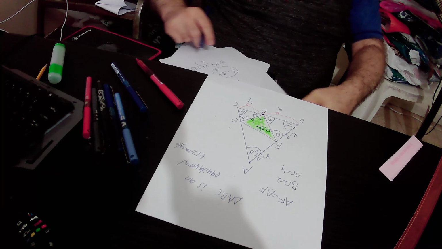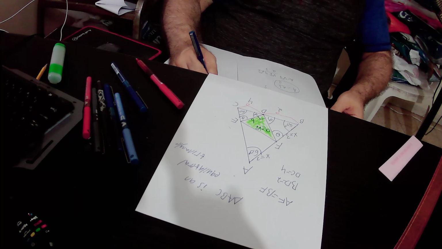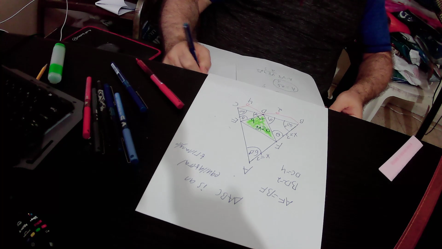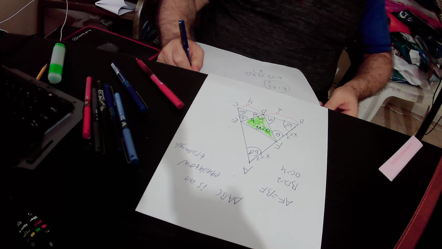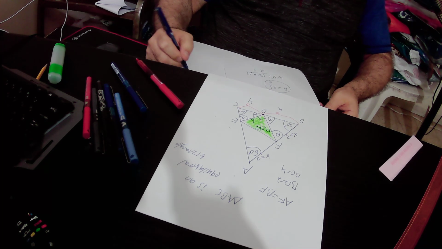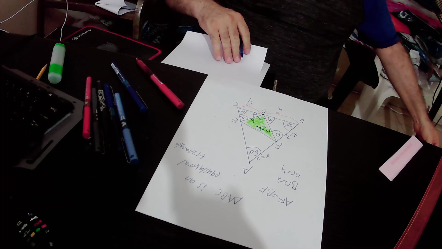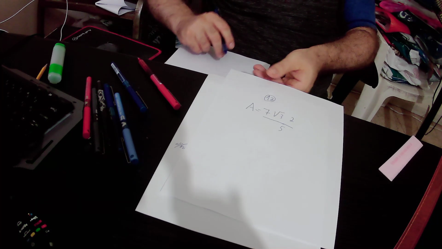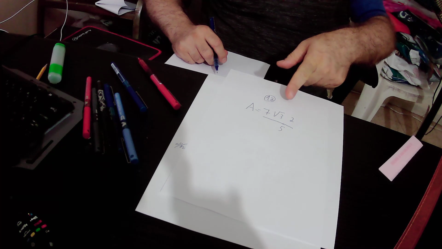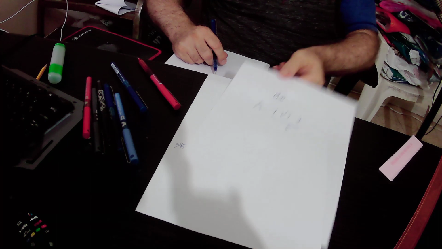So the area equals 7 times root 3 times 2, all divided by 5. But 7 times 2 is 14, so I write it down.